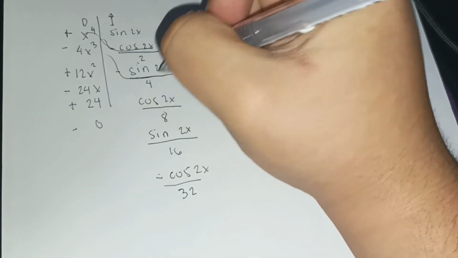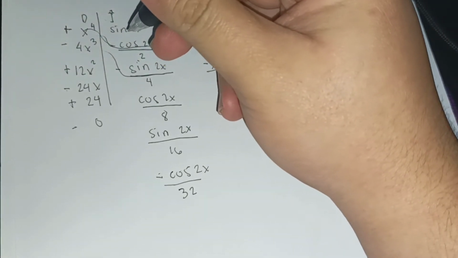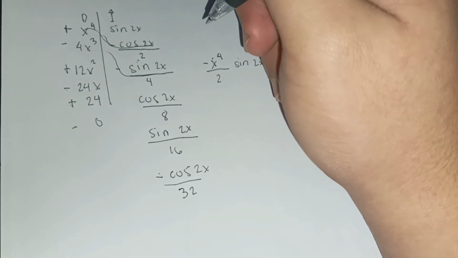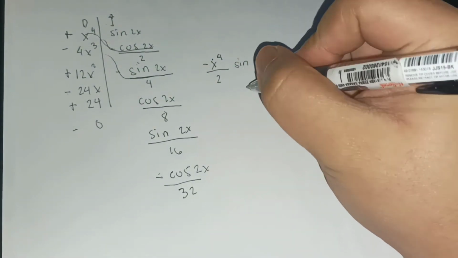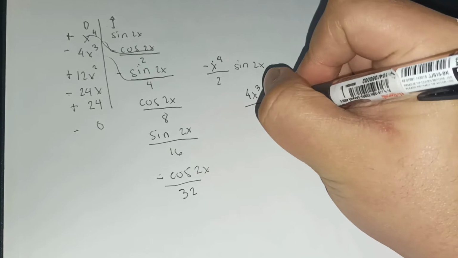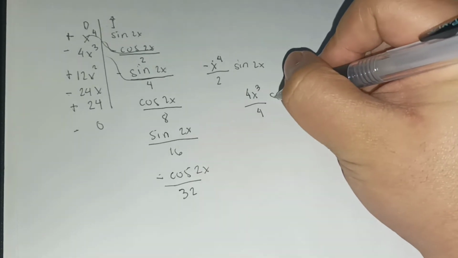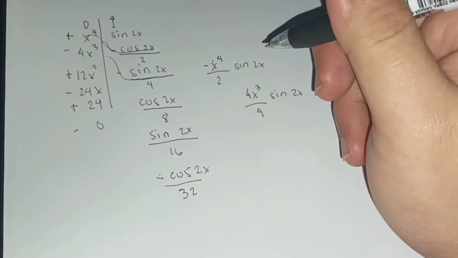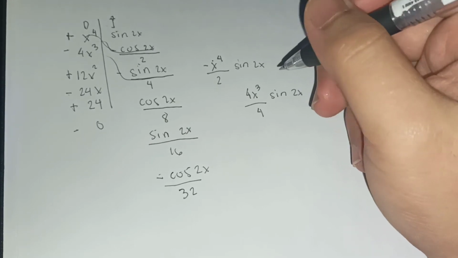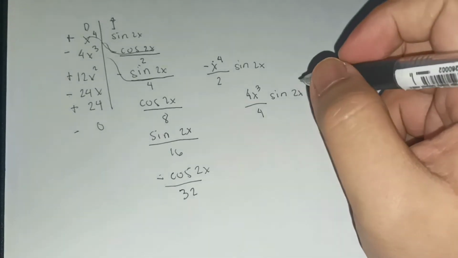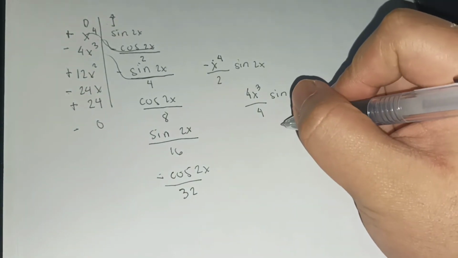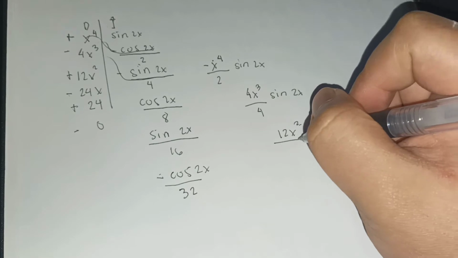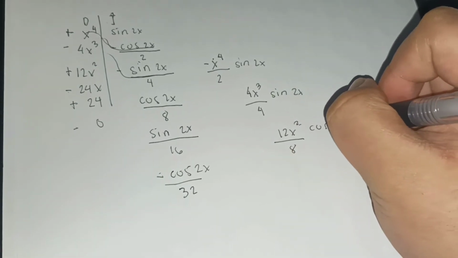And for 4x cubed, they're both negative, so it's going to be positive: 4x cubed over 4 sine 2x, and then 12x squared times cosine 2x over 8 becomes 12x squared over 8 cosine 2x.